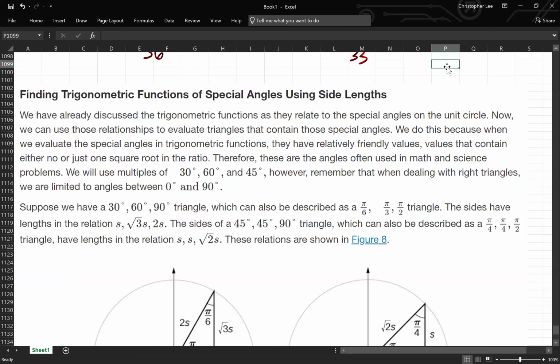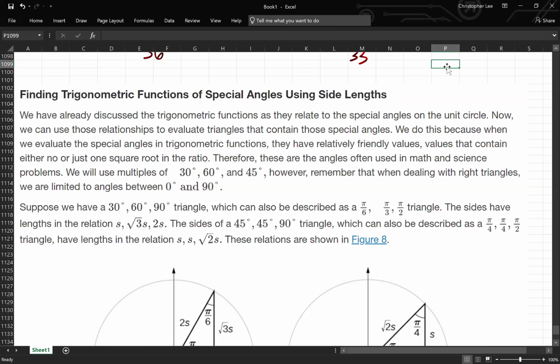However, remember that when dealing with right triangles, we're limited to angles between 0 and 90 degrees. So suppose we have a 30, 60, 90-degree triangle, right, which can be described as a pi over 6, pi over 3, pi over 2 triangle. The sides have lengths in relation to s, the square root of 3s, and 2s.